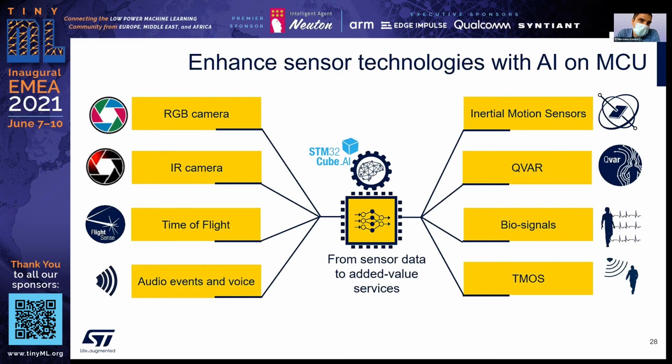As you know, you can use as input to a neural network several kinds of sensors like RGB camera, infrared camera, time of flight sensor, audio events or voice, inertial sensor, QR sensor, and so on.